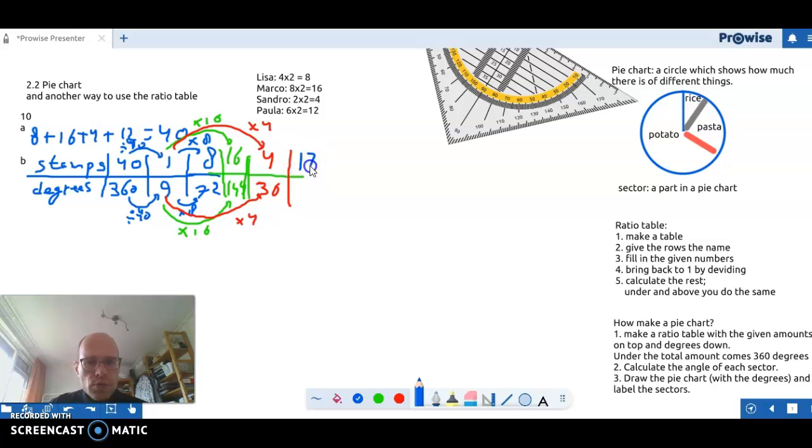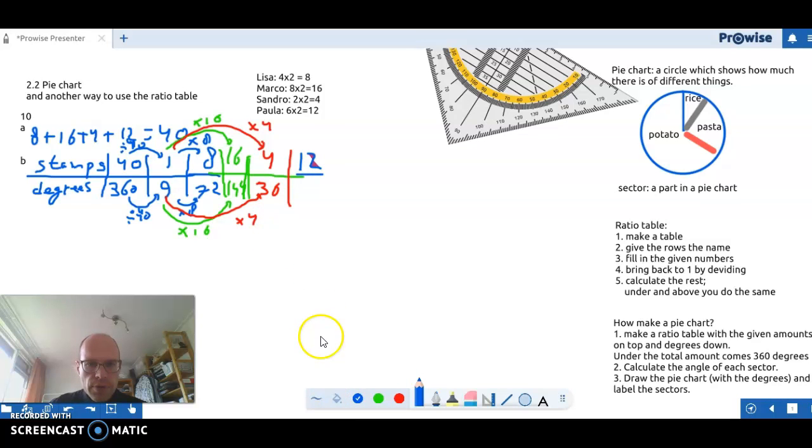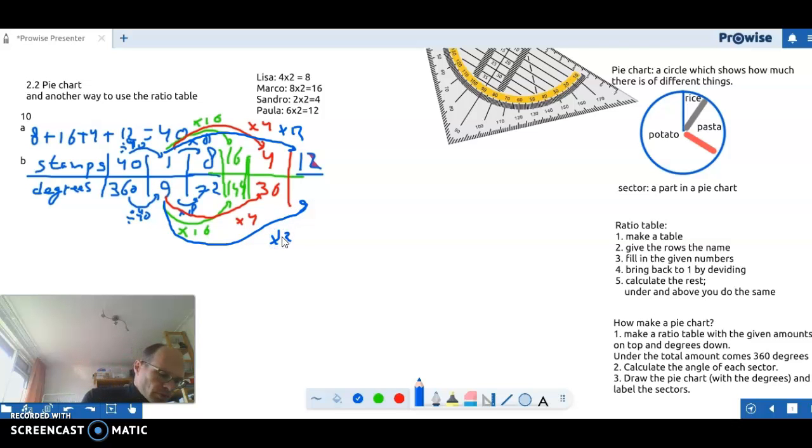But 12, I'm just going to do black. 12. And if we go from 1 to 12, of course we need to multiply by 12. And then we need to multiply 9 by 12. 9 multiplied by 12 is 108.